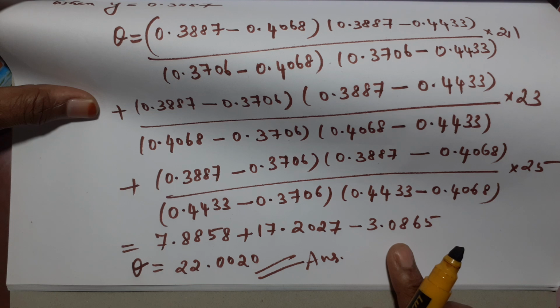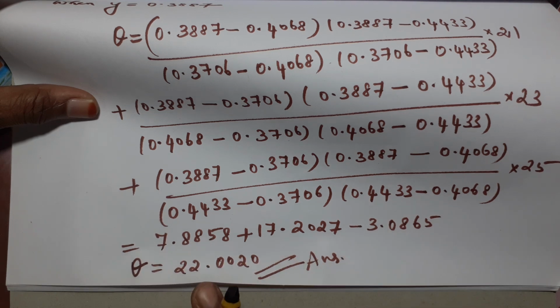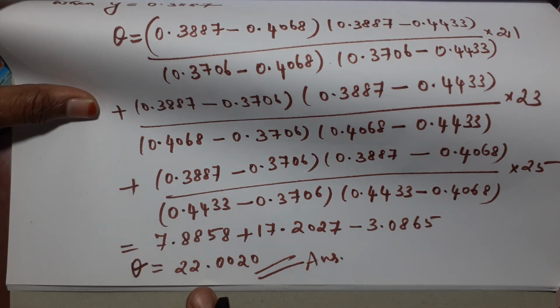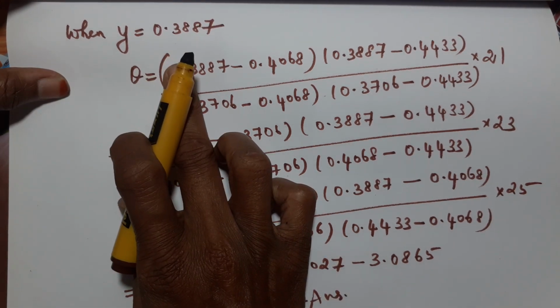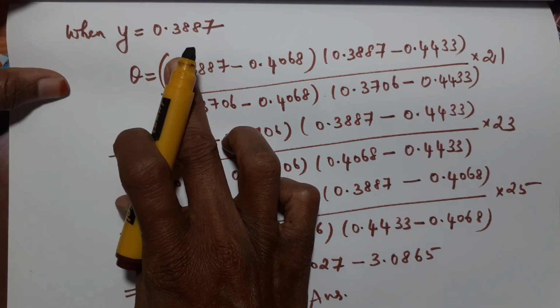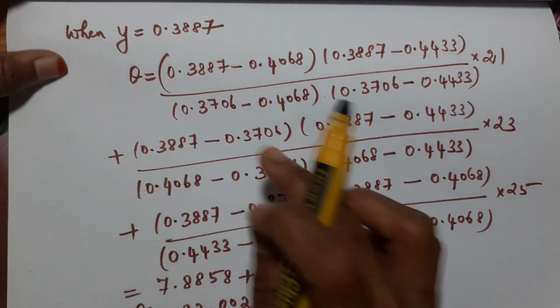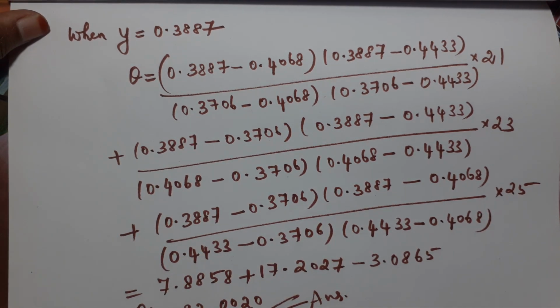The values are visible. So this is the final answer. We got theta as 22.0020 for the given value 0.3887. Is it clear? Thank you.